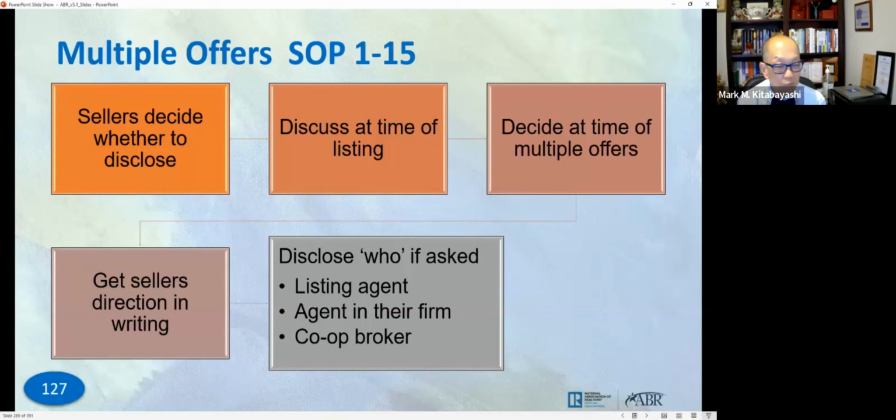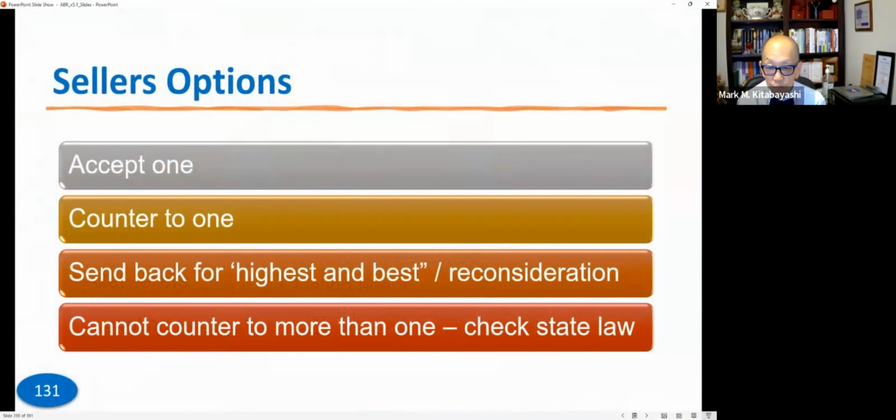But with multiple offers, it could be very, very hard. Seller's options: accept one, counter one, or send back for highest and best to reconsider. In some states you cannot counter more than one, so check state law.